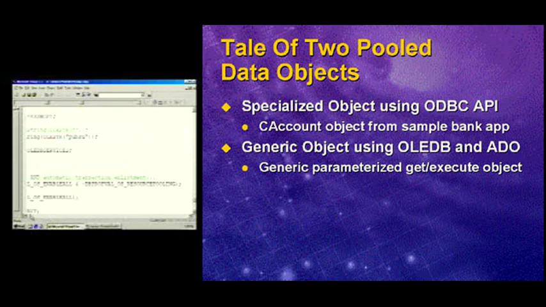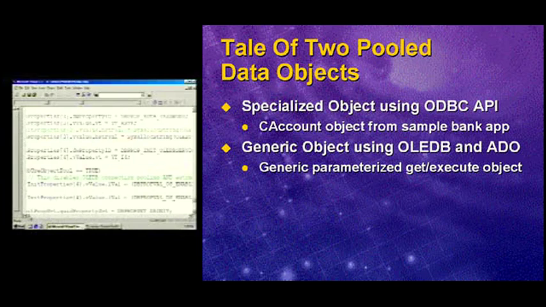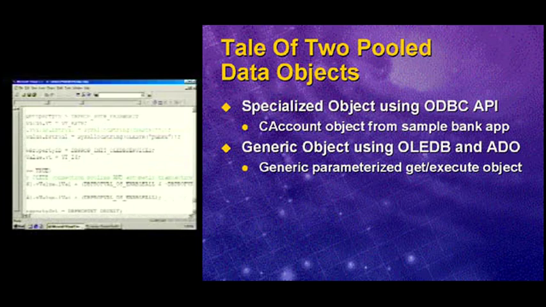Now, if I don't want the object to be a pooled object, I can still use it. I just say enable all. And this overrides the value in the registry. The other way I can do this, if I'm never going to use connection pooling, I can put in the registry, I believe it's all F's, and then the last half word or so is FFFC. But you can look that up.